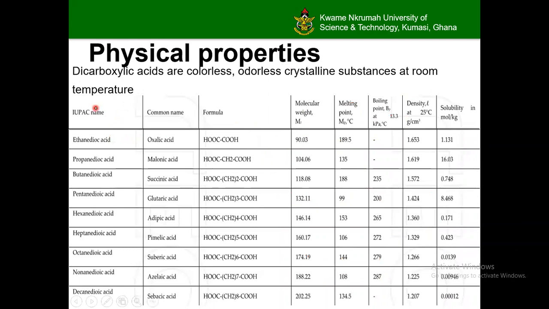Now, physical properties of dicarboxylic acids. We are saying that dicarboxylic acids are colorless, odorless, crystalline substances at room temperature. Good. Now, what is very important to me here, because I will need it in one of the explanations, is that it is a crystalline substance.